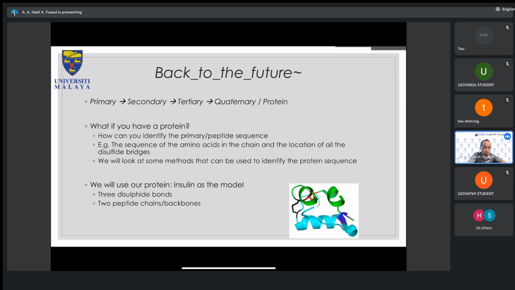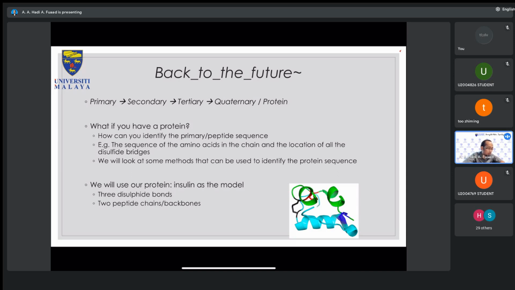But if you work in a lab that does simple analysis work, you might not have the most expensive instrument available to use. So it is still worthwhile to learn the basics of how to analyze a peptide sequence.